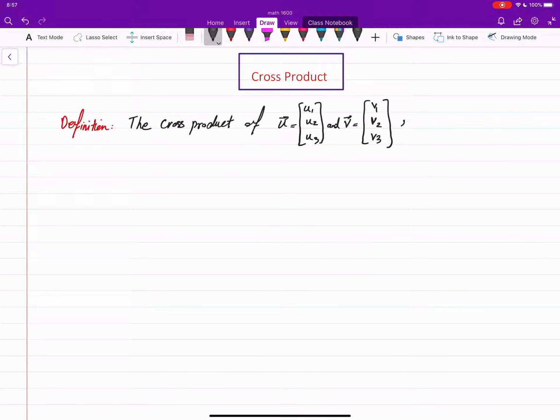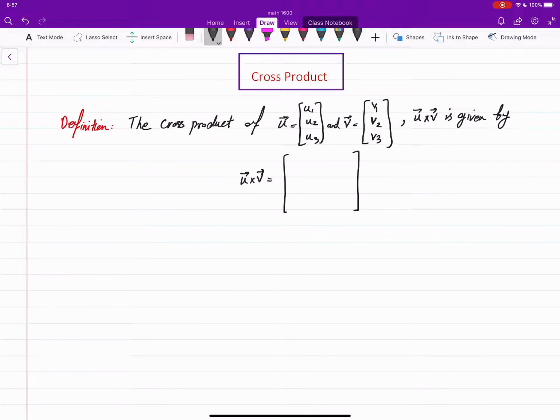The cross product, denoted by u cross v, is a vector in R3. It will have three components, and the way you find the components is this.